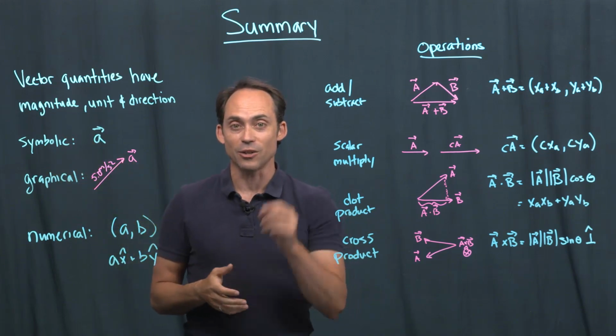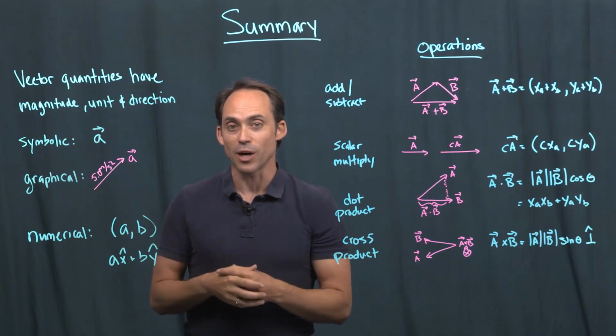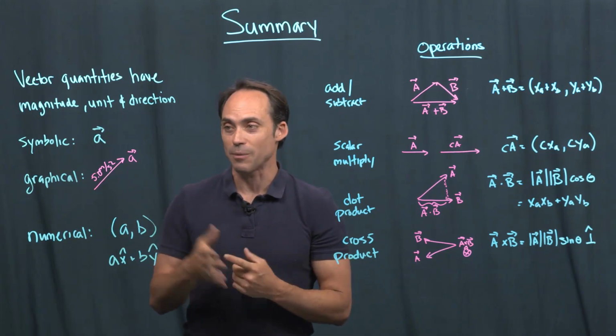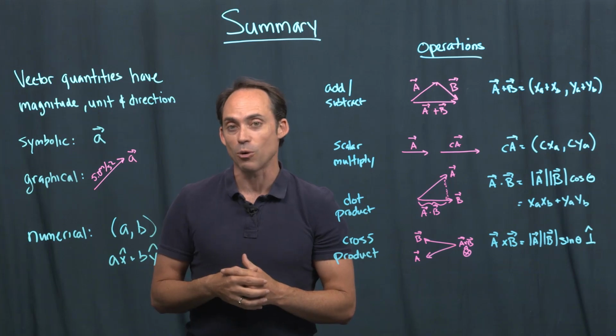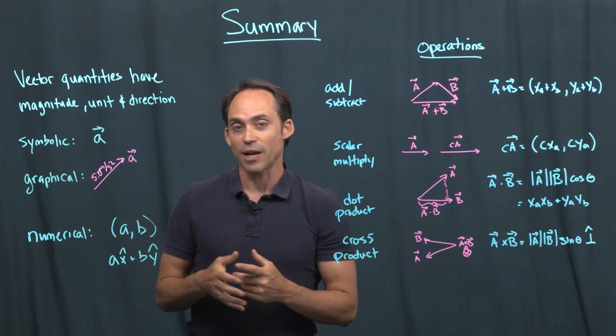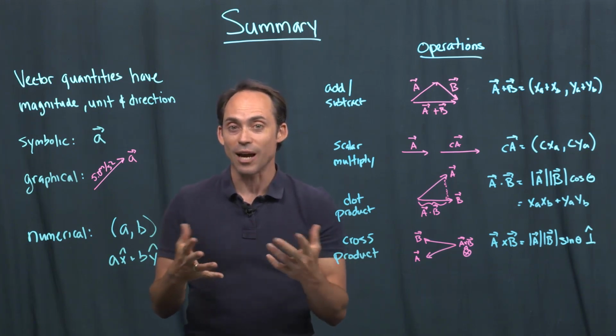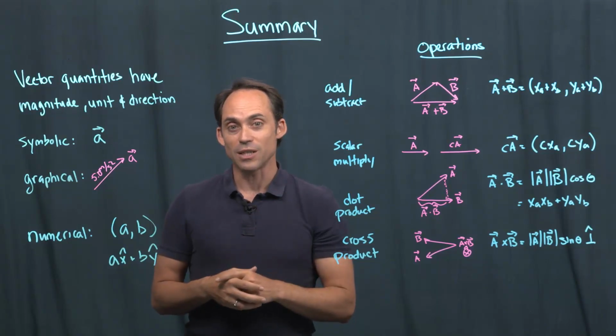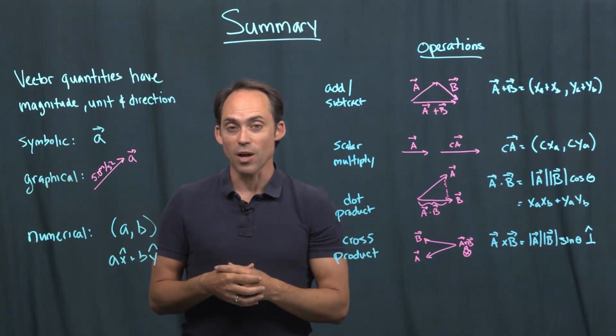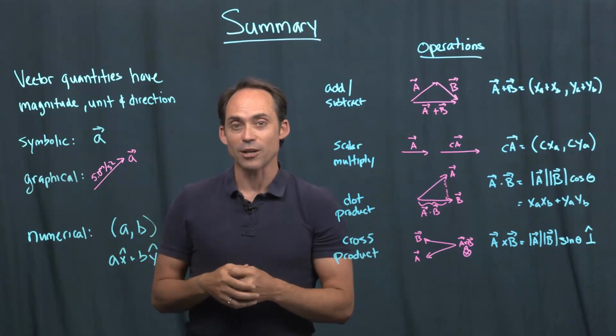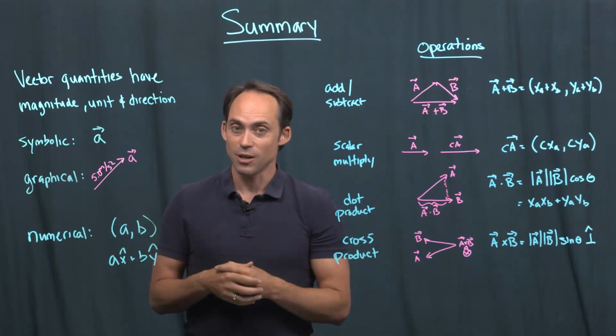We have different ways of representing vectors. Symbolically, it's just adding a little arrow on top of our symbol of whatever quantity we're talking about. So for example, for acceleration, it might be an A with an arrow over it. We can also represent vectors graphically, literally with arrows, where the direction of the arrow gives us the direction of the quantity, but the length of the arrow actually tells us something about the magnitude of that quantity.